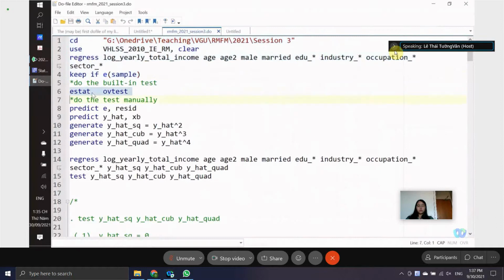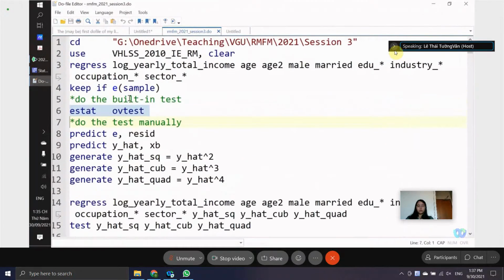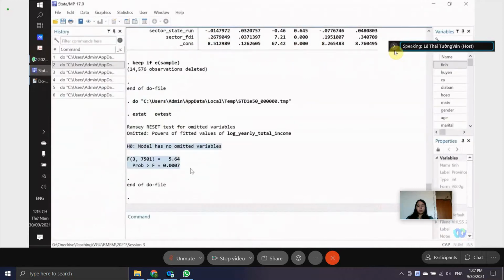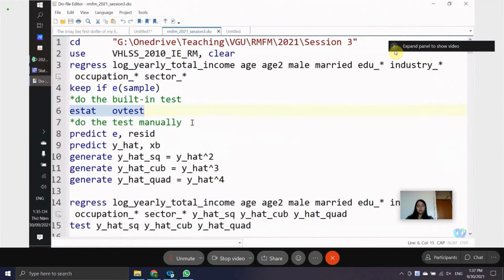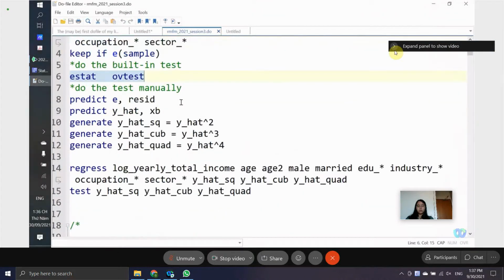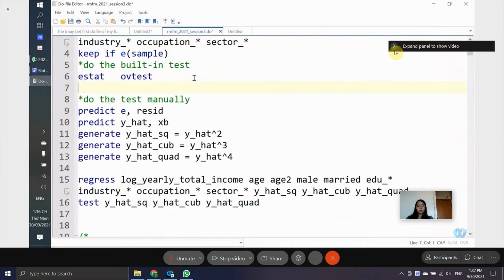The test is very simple. After running the regression, you just put in the command for the test, then you would get the result. This is what you would get.